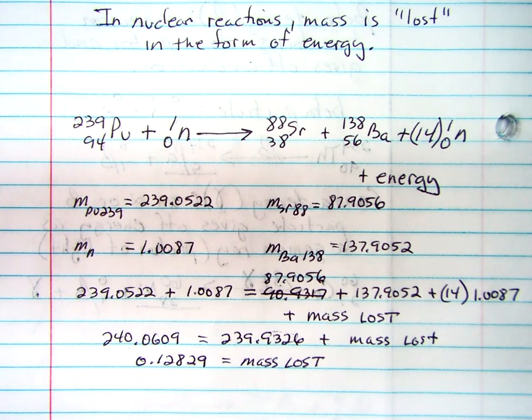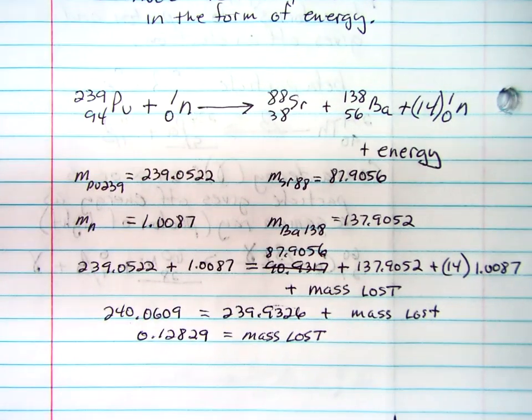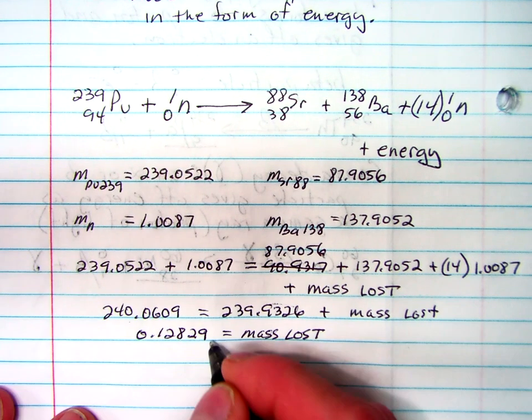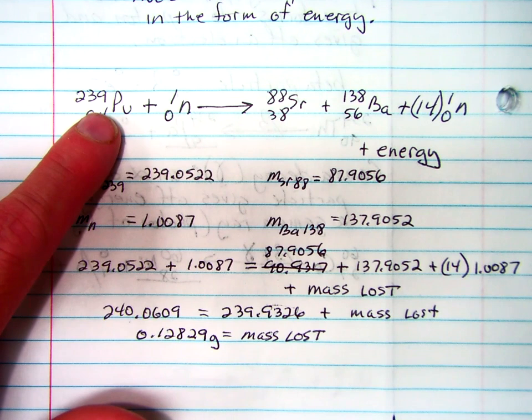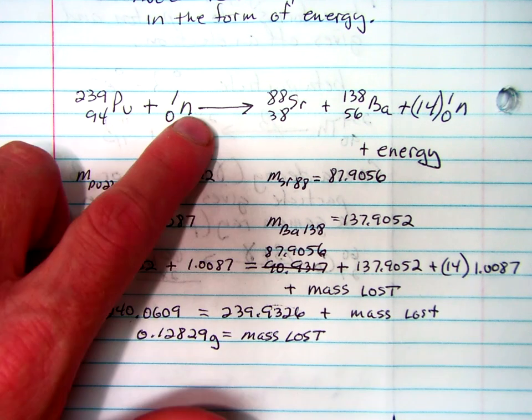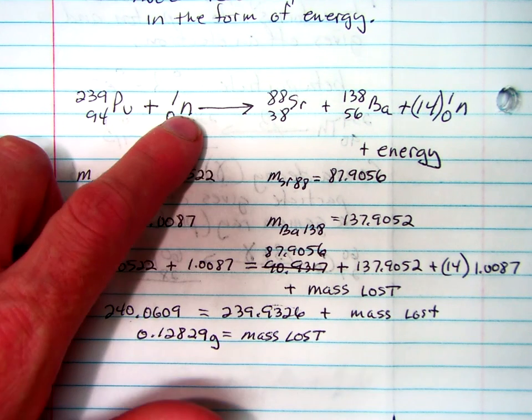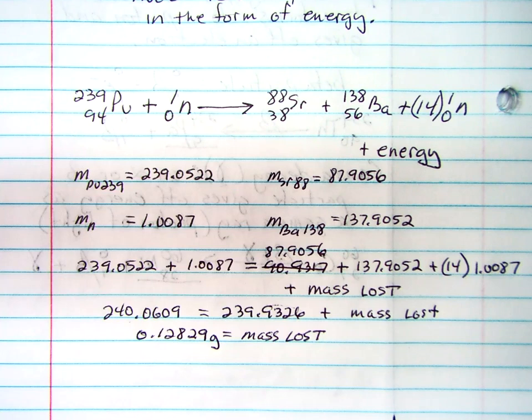Now from chemistry, you know that all of these units are either atomic mass units, or if you're dealing with moles of these particular species, then you're dealing in grams. So we're going to write down grams. We're going to say this is a mole of plutonium, a mole of neutrons, and so forth and so on.